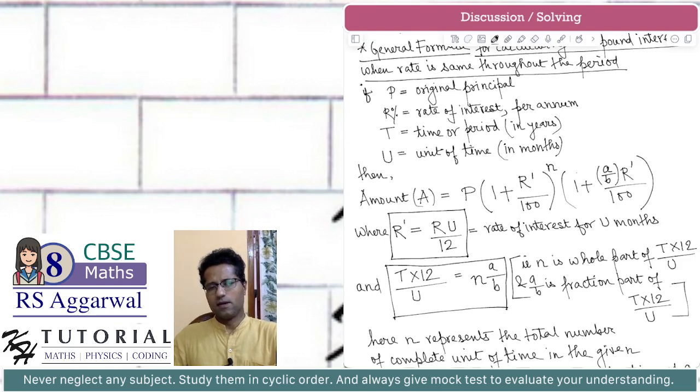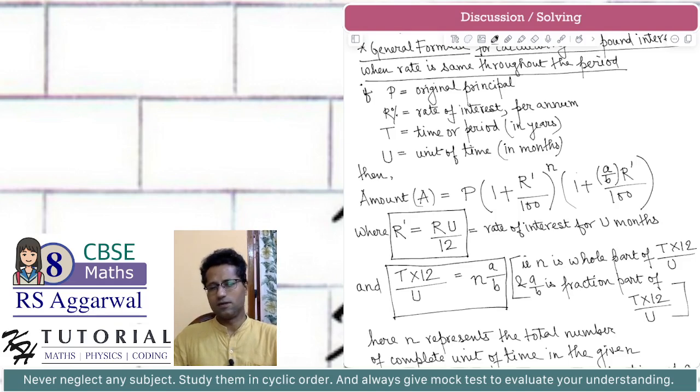What is that? It is the number of complete units of time available for the entire period of calculation of the compound interest. So t is a period or time which is in years. That is the reason we are converting t to months.